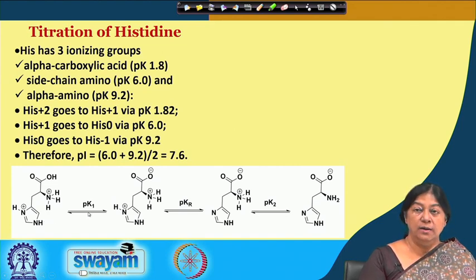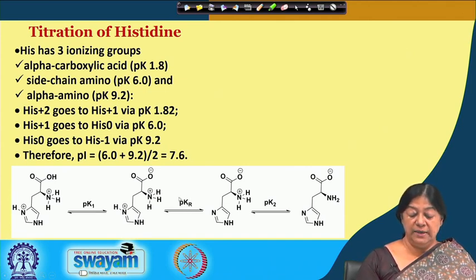The pK1 again renders the loss of the carboxylic acid proton, making this a charge of +1. We come to a pKr value here, where we are now rendering this as a 0 charge, because we are now losing the proton on the side chain.